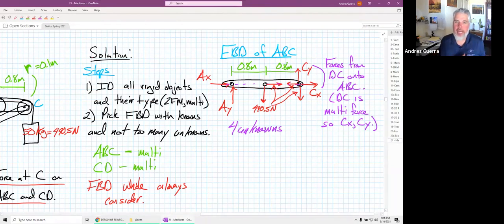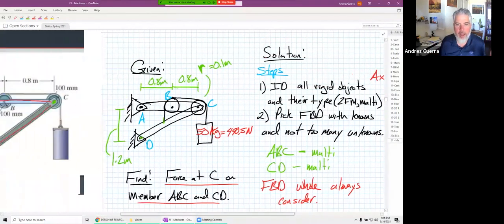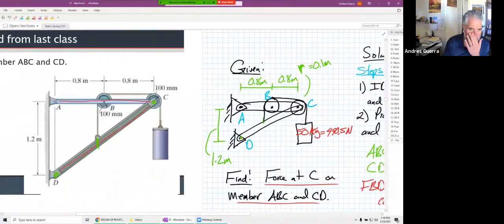Now, we can compare that to the other options. And there's nothing wrong at all, when you're going through these problems, with thinking about, okay, FBD of the whole, what would that give me? Well, let's go through that here. Maybe don't write this down, I'm going to go faster than I think you can write it. If I did the FBD of the whole, I would expose AX and AY. I would expose a DX and a DY.